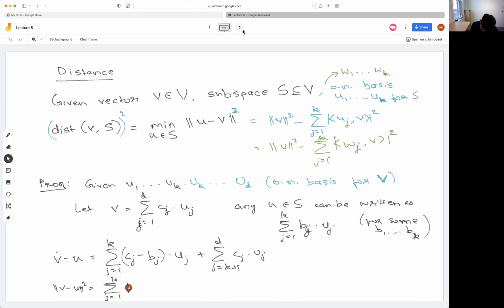So we get... Now we are given C1 to CD, and we are free to choose whatever B1 to BK we want. Any guesses on how we should choose the B's so that we minimize this expression?